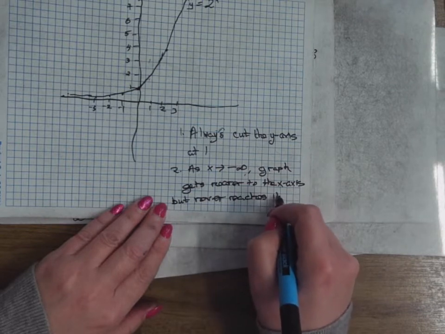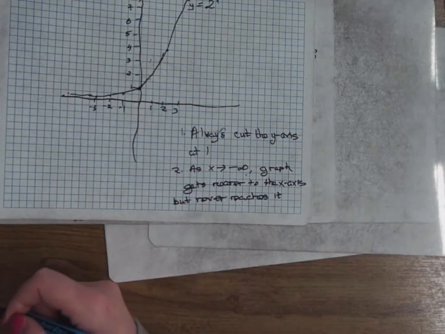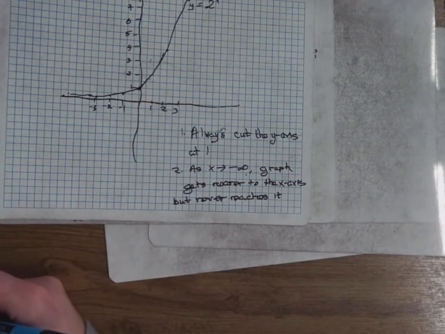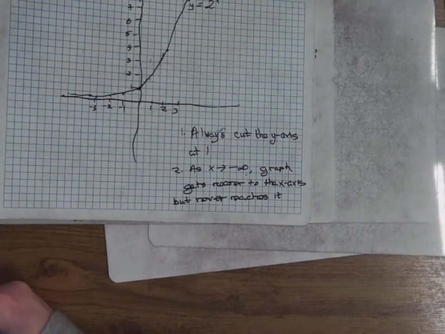The curve gets nearer and nearer, the fraction gets teenier and teenier, so it gets nearer and nearer to the x-axis, but it never actually gets to the x-axis, right? As it goes to infinity that way, it'll never actually hit the x-axis.